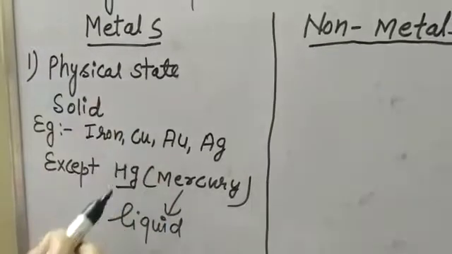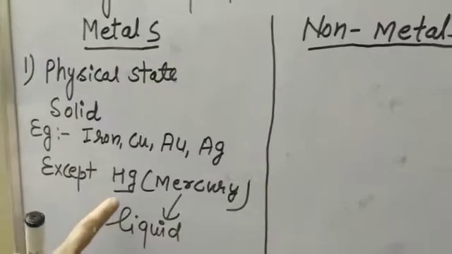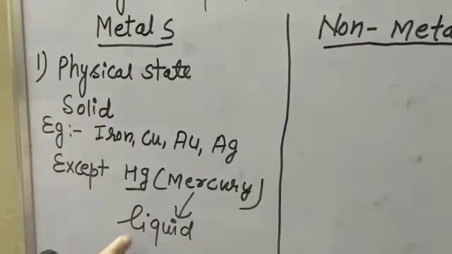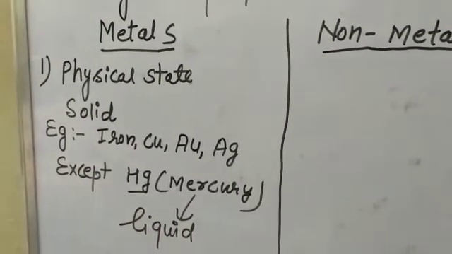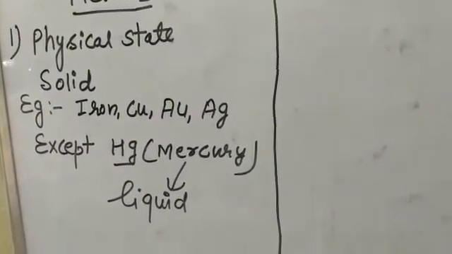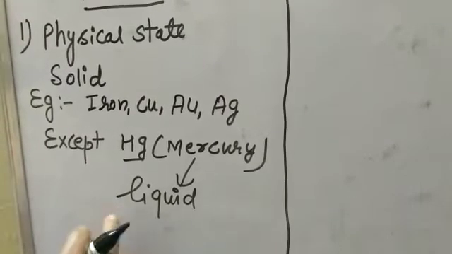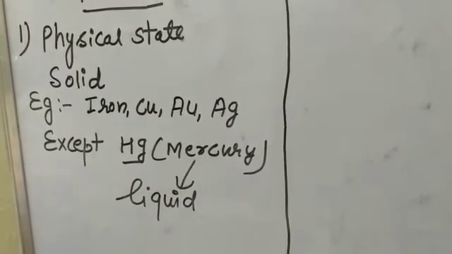So all the metals are solid except this. You have seen in your thermometers, at the bottom there is a liquid, and that is your mercury.